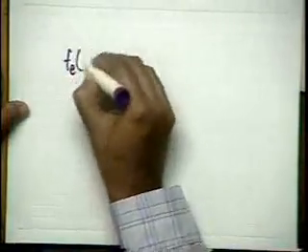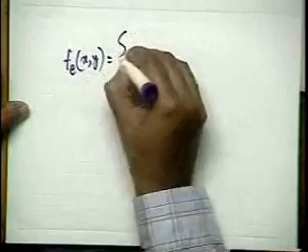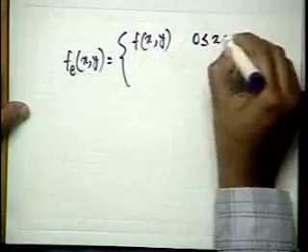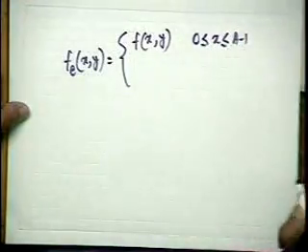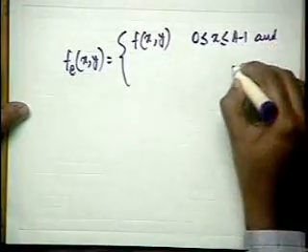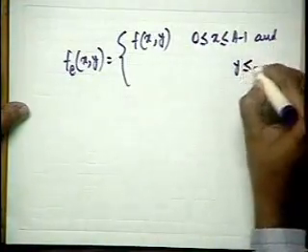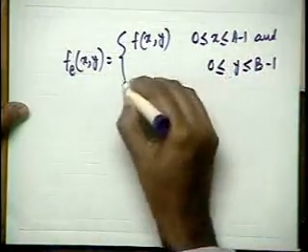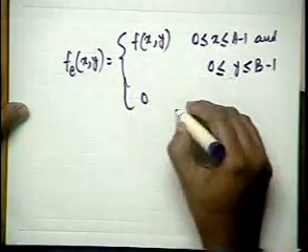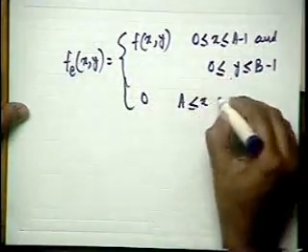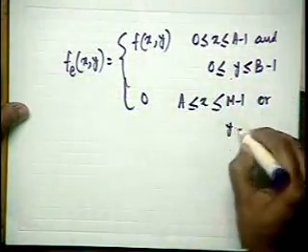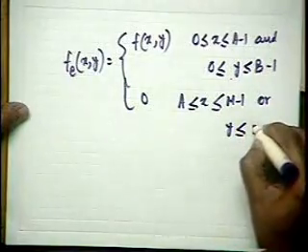So, the definitions of fe(x,y) and he(x,y) are: fe(x,y) is equal to f(x,y) for x lying between 0 and A minus 1, and y lying between 0 and B minus 1. And this is equal to 0 when x lies between A and M minus 1, or when y lies between B and N minus 1.